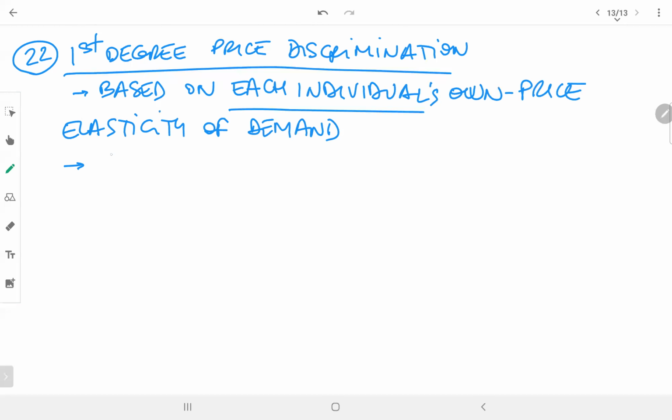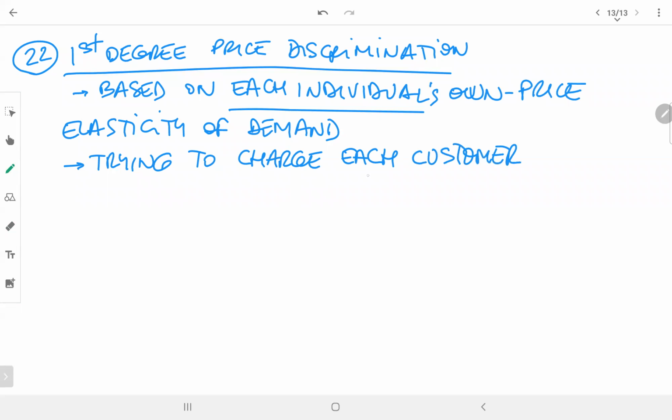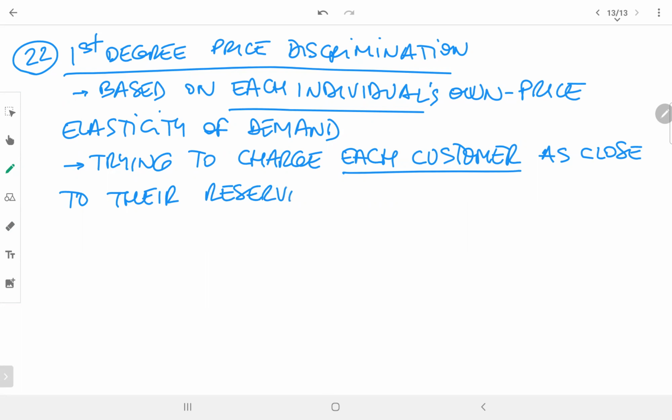And we're trying to charge each customer... So we're going to change the price for each customer as close to their reservation price as possible.